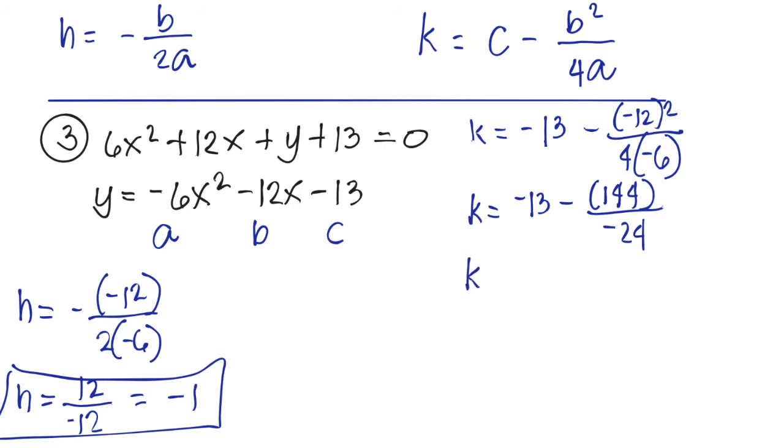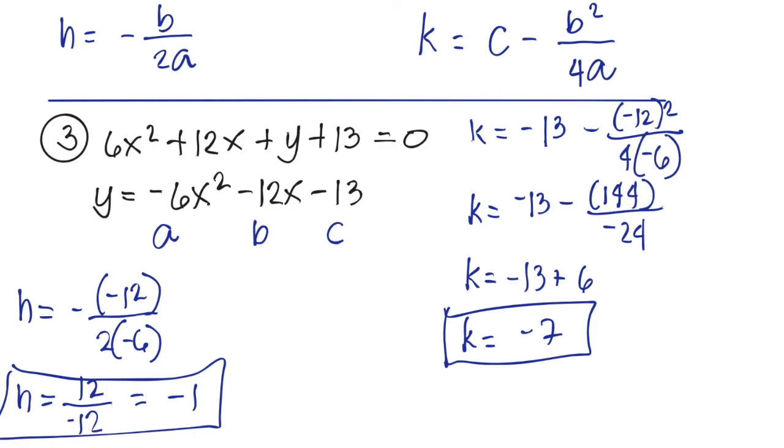So from here, we are going to simplify that. So we have negative 13 and 144 divided by negative 24 is equal to negative 6, or positive 6 after subtracting. So our k now is negative 7.